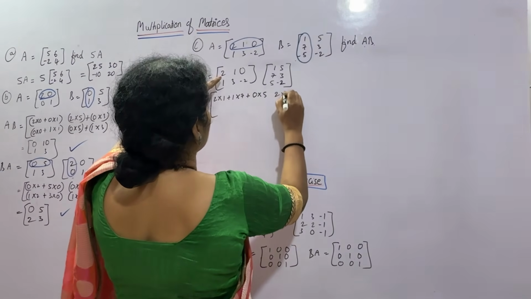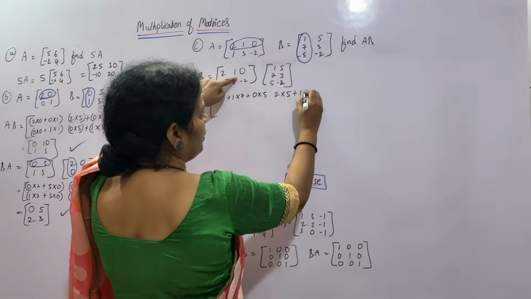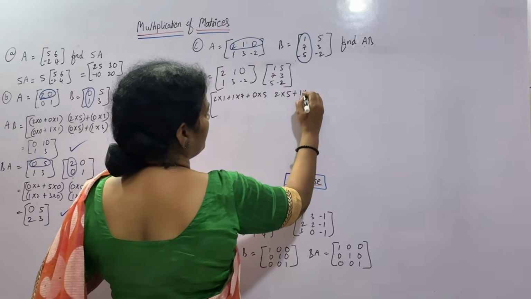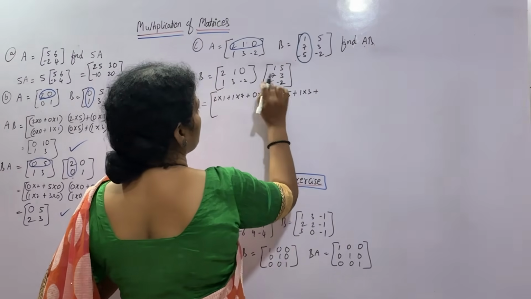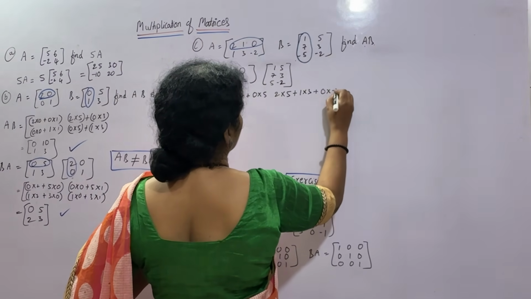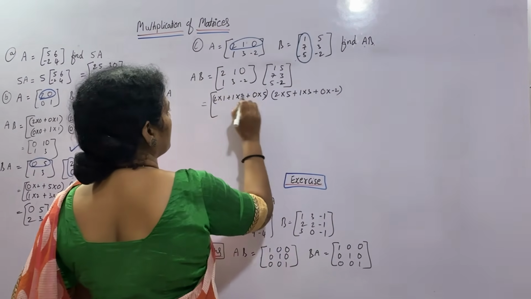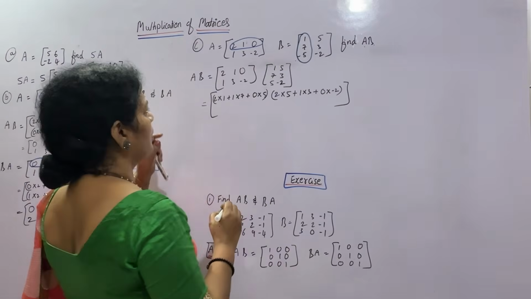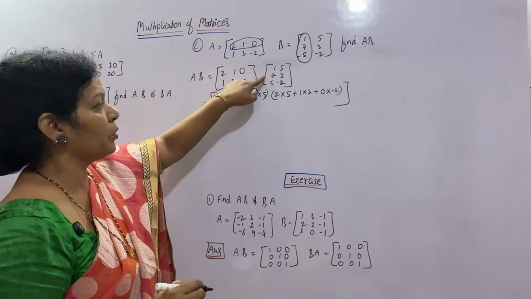That is 2 into 5 plus 1 into 3 and plus 0 into minus 2. This row and column is over.